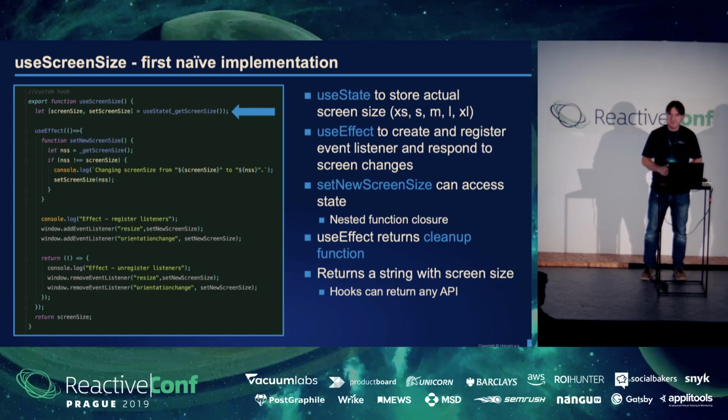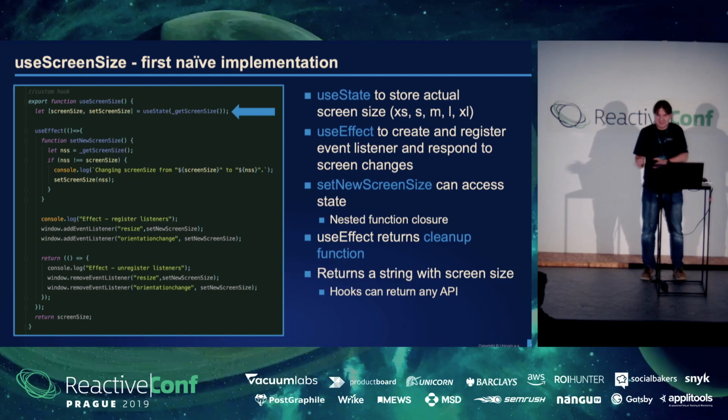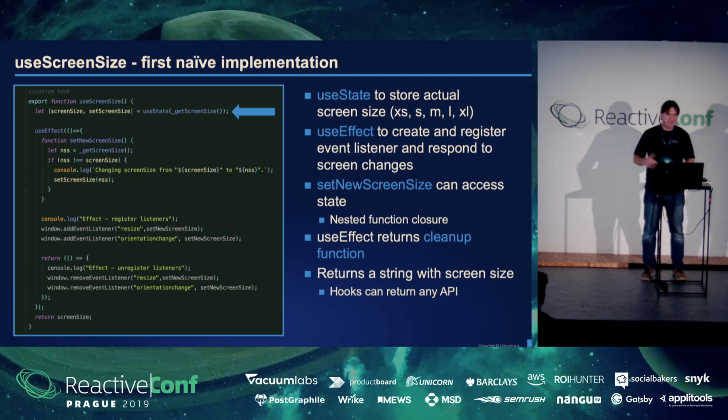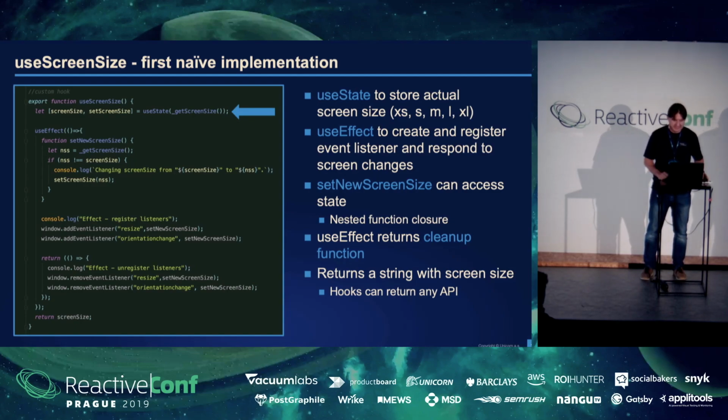So let's start with what I call the naive implementation. Our hook will need useState, because it has to store somewhere that now it's XS, and until the screen changes by, I don't know, 500 pixels, it's still XS, and then it's S, and then it's M. So we store it in state, because this is React.